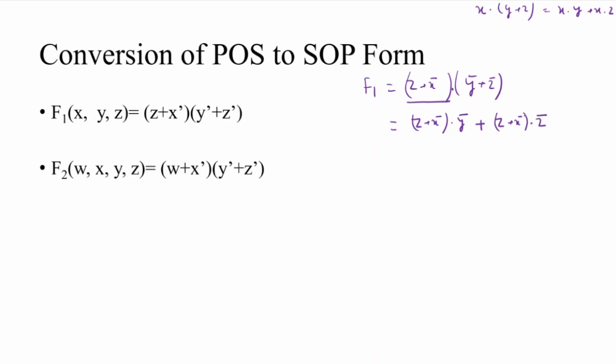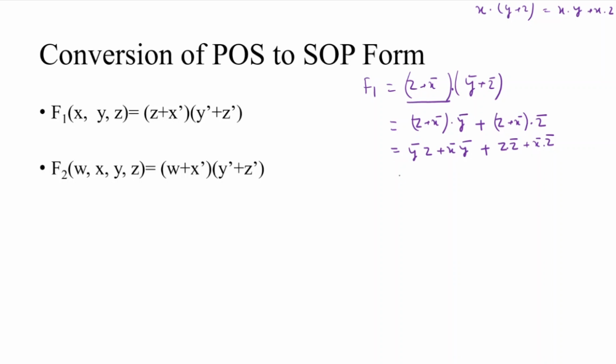Again here we apply the distributive law, this is one term and these are two terms. This means here this is y complement z plus x complement y complement, plus what? When we multiply this, z dot z complement plus x complement dot z complement.